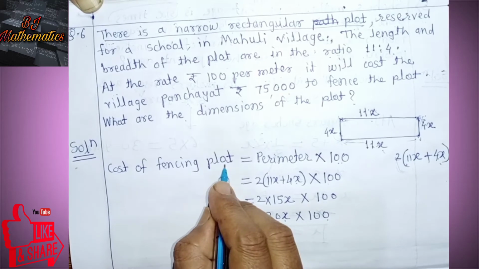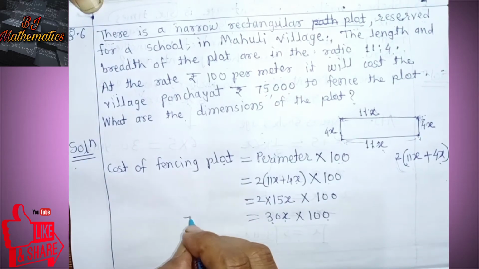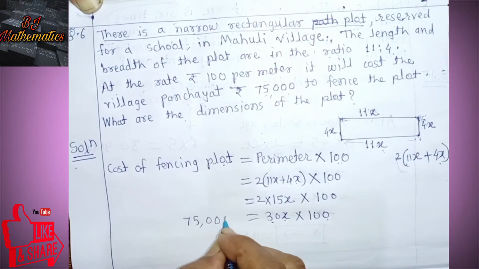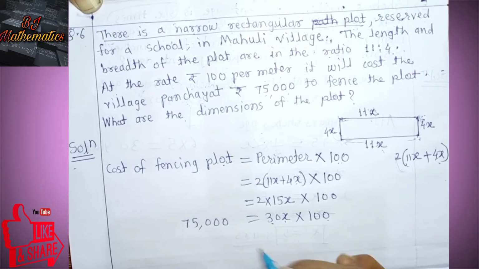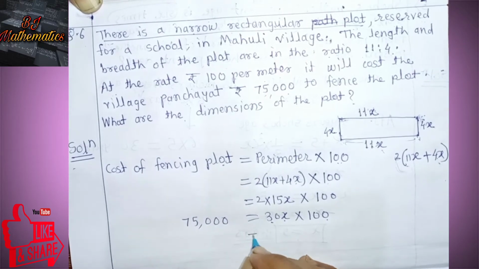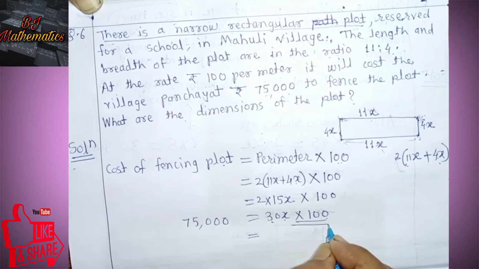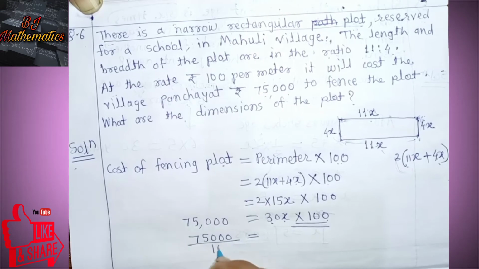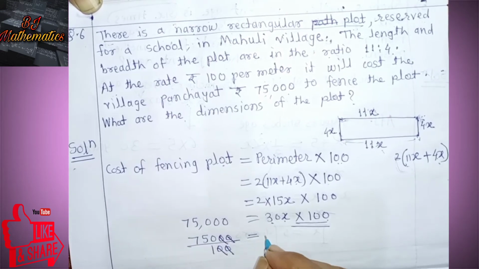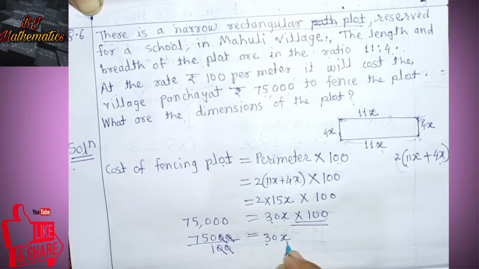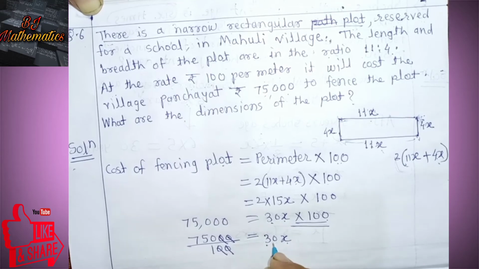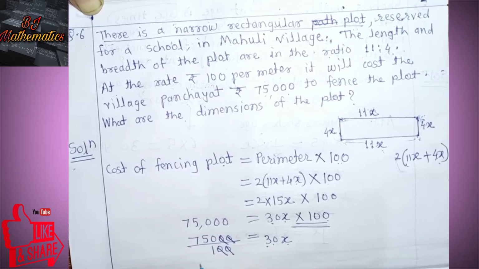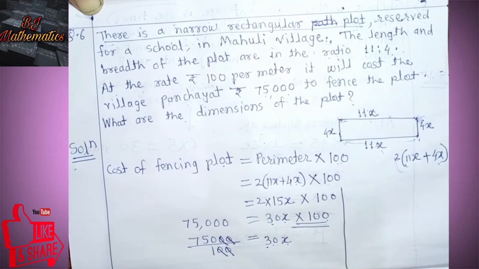And the cost of fencing the plot is given, and that is 75,000 rupees, equal to 30x multiplied by 100. After changing the side, 100 will be divided, and the zeros get cancelled. Here 30 multiplied by x, it will also be divided after changing the side.